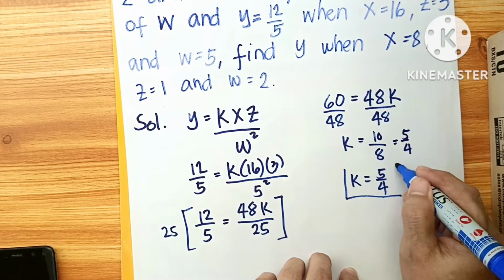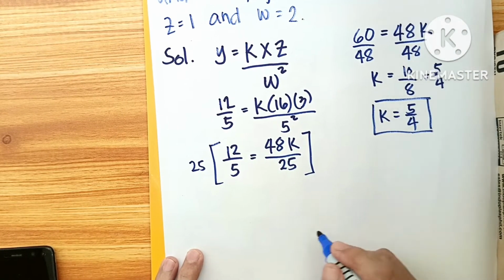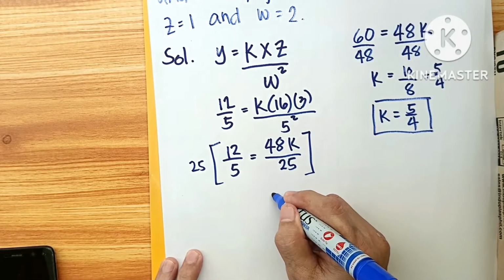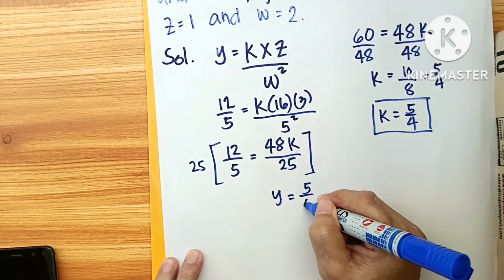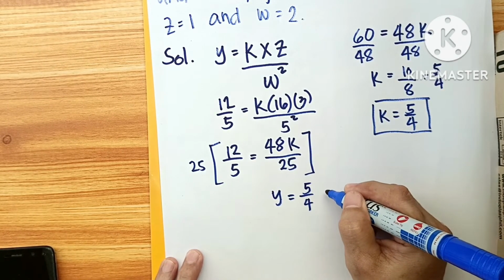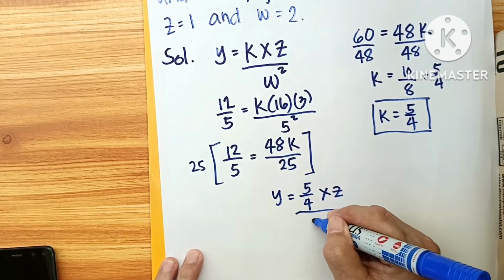Now, what is the equation of variation? So, the equation of variation is y is equal to 5 over 4 xz over w squared.